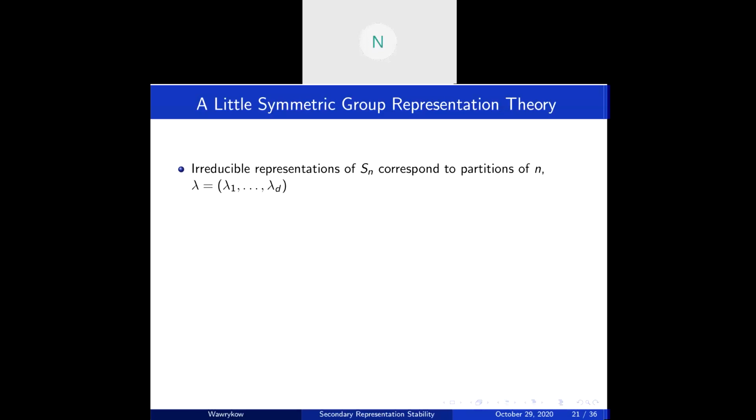So these lambda_1 through lambda_d are allowed to vary here. Some sources like to let d go off to infinity by just adding a bunch of zeros to the right. Notably, one thing I forgot to write is that lambda_1 is greater than or equal to lambda_2, which is greater than or equal to lambda_3, and so on.